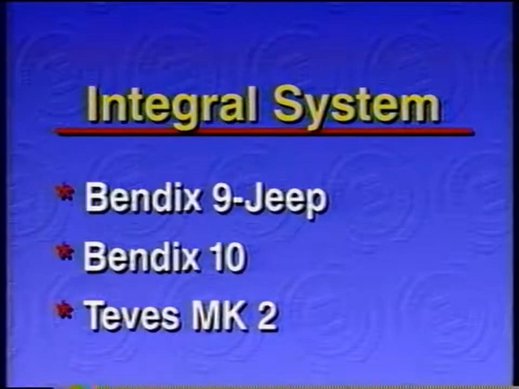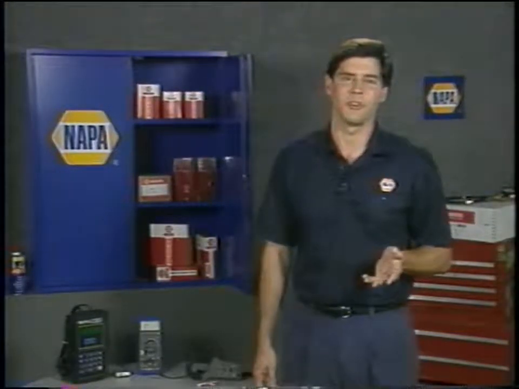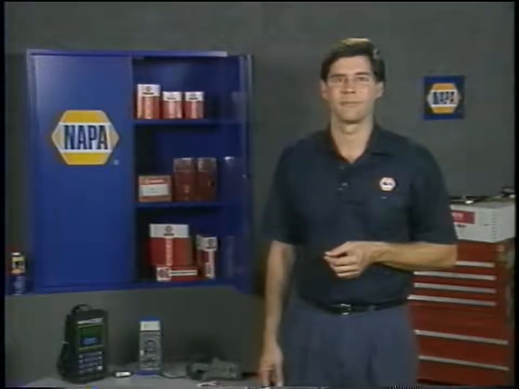On some integral systems, such as Bendix 9, Jeep and Bendix 10 systems, and Teves Mark II, the modulator will bleed itself when the ignition is turned on and the pump starts to run. On other ABS systems, bleeder screws are provided on the modulator for removing air from the unit. The exact bleeding procedure will vary depending on the application. So we'll look at a Delco Moraine PowerMaster 3 system to get an idea of what's involved.